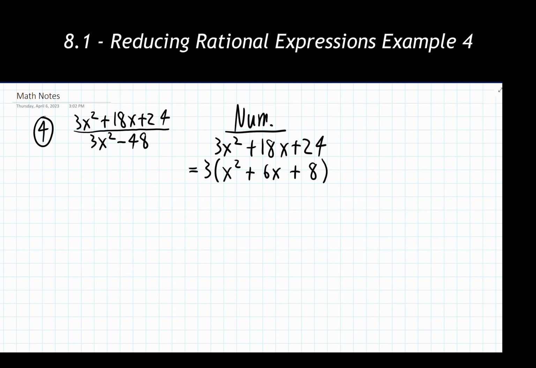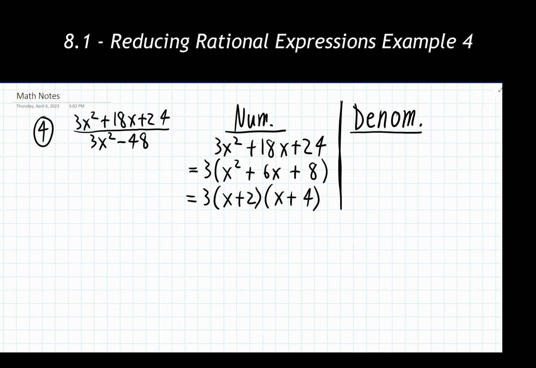This can be broken down using the material that we learned from 7.2 into x plus 2 and x plus 4. And now I can't factor that out any further, so I'm good to go there with the numerator.